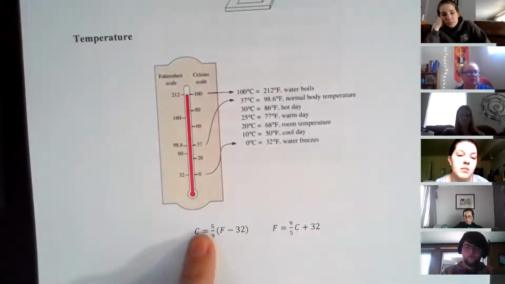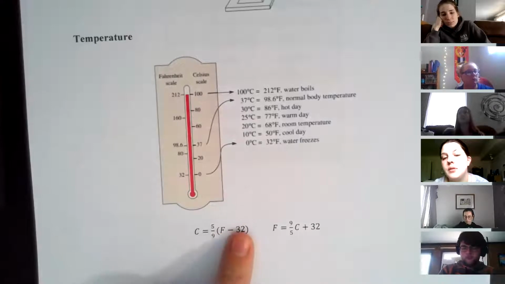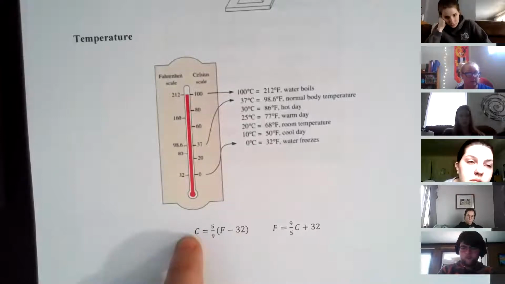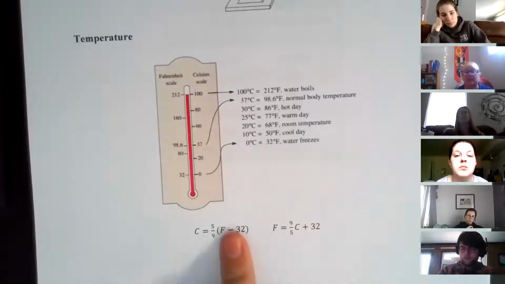where if I take the Fahrenheit, subtract 32 from it, and then multiply it by 5/9, I'll get my degrees Celsius. If I know the degrees Celsius, I can put it into this form, which is the inverse function of that guy.